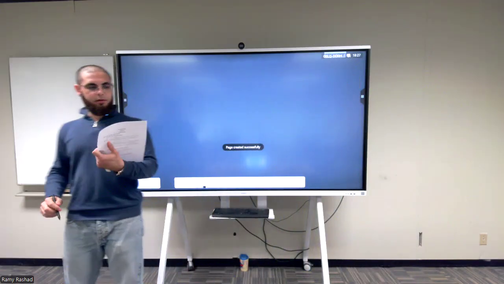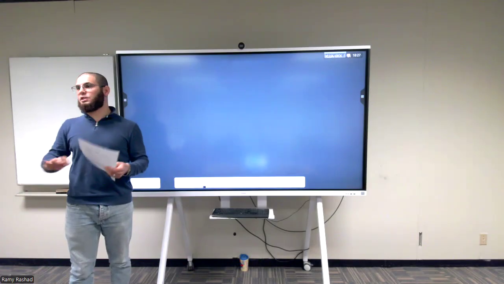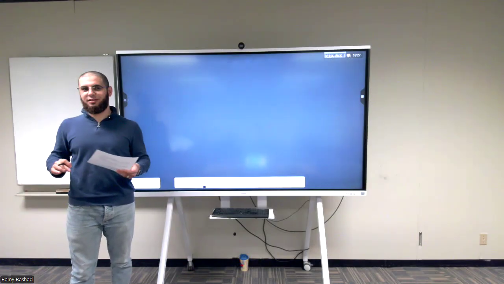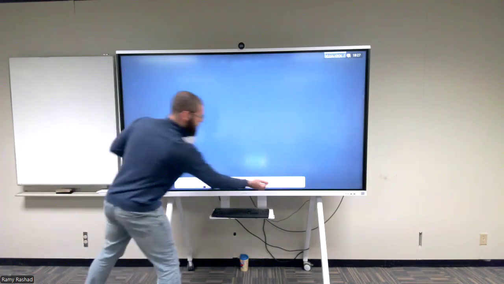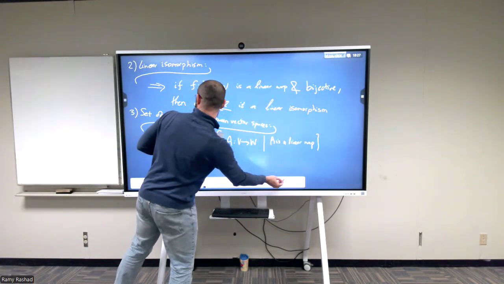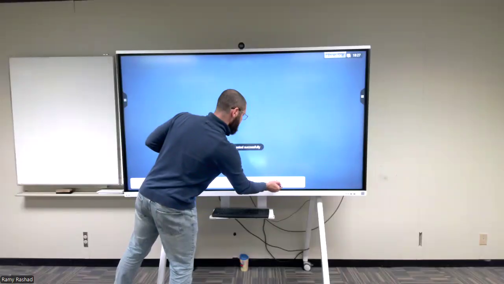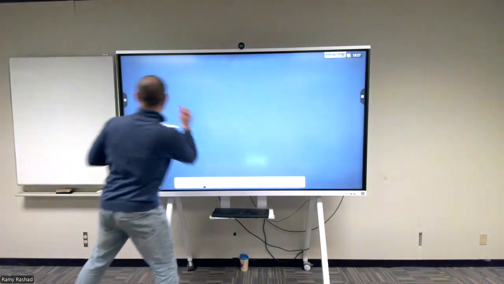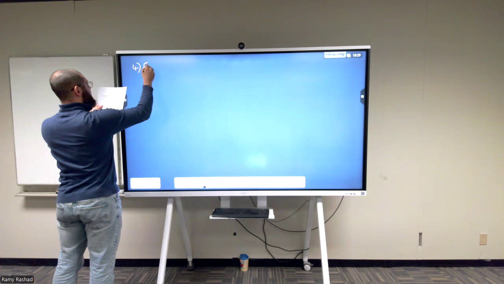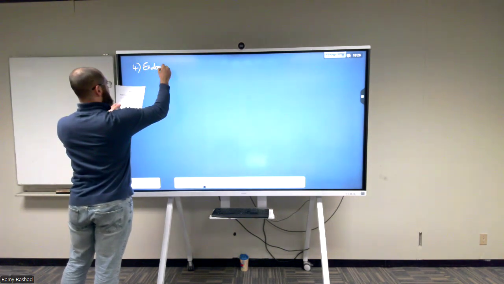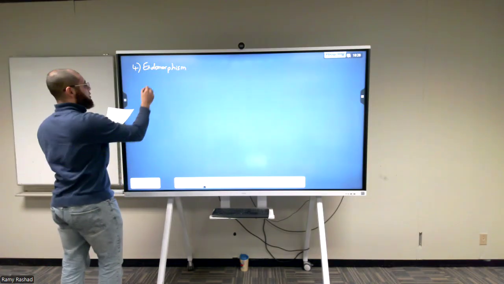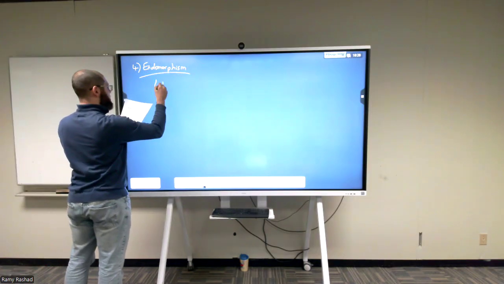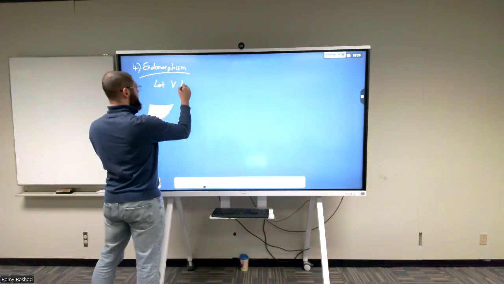I'm gonna give you 3 definitions very quick, like lightning definitions. First definition, I think this is number 4. So there is something called an endomorphism. Let V be a vector space.